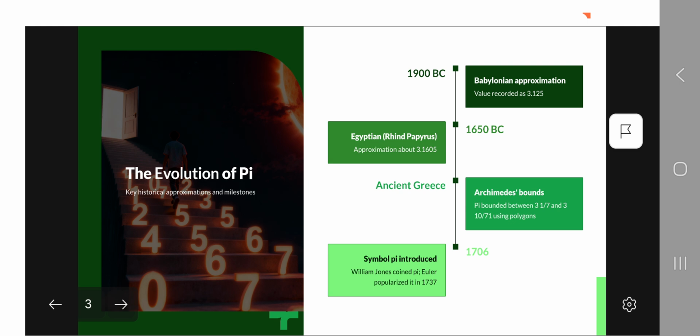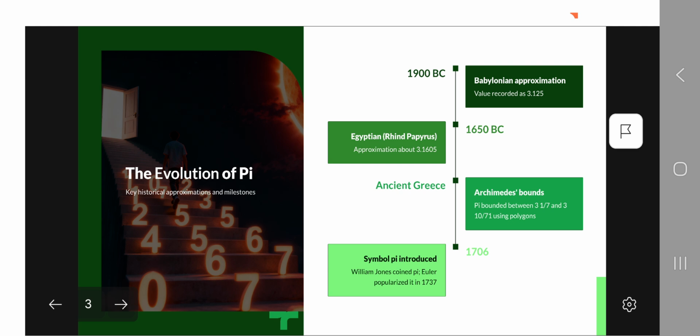Pi is valued as 3.125, or 3 and 1/8. Now, 250 years later, in 1650 BC, there's the Egyptian, and its approximation was about 3.1605.